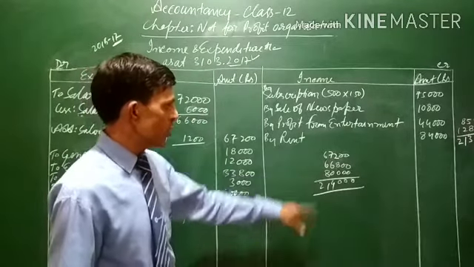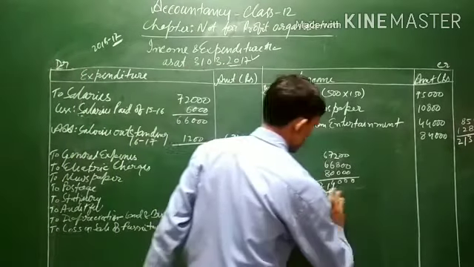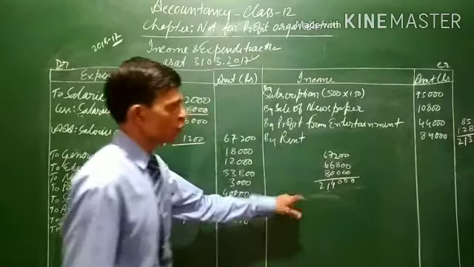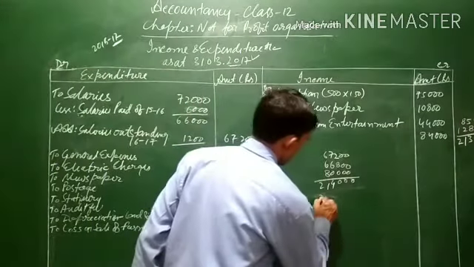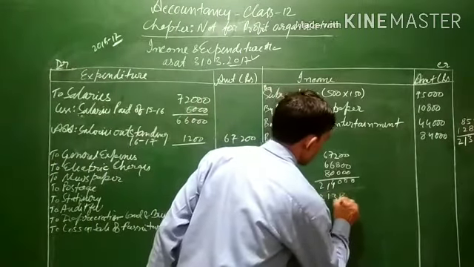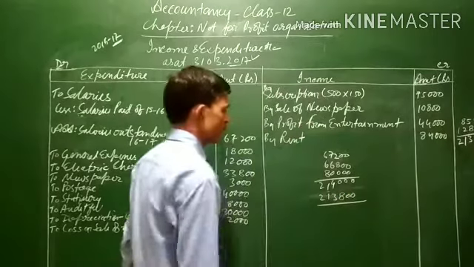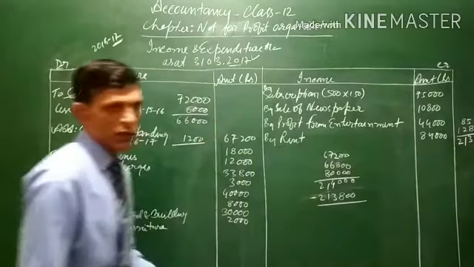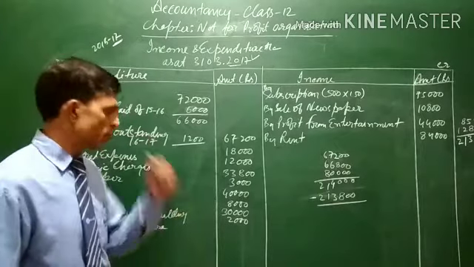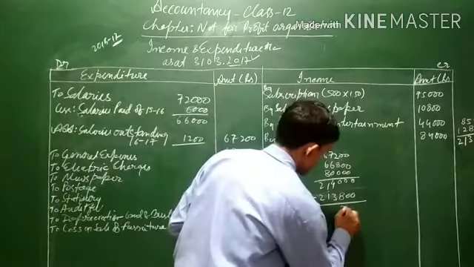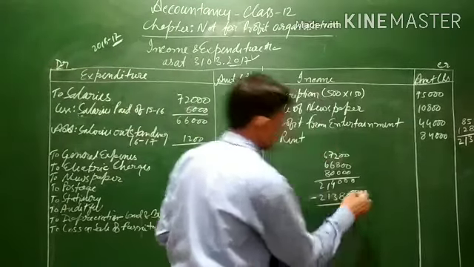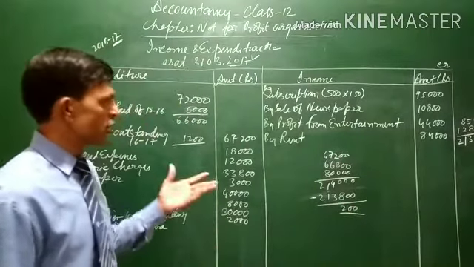The expenditure is 2,14,000 and our income is 2,13,800. So our expenditure is more than the income, so there will be a deficit and this will come to 200. 200 is the deficit. So definitely this is a loss.